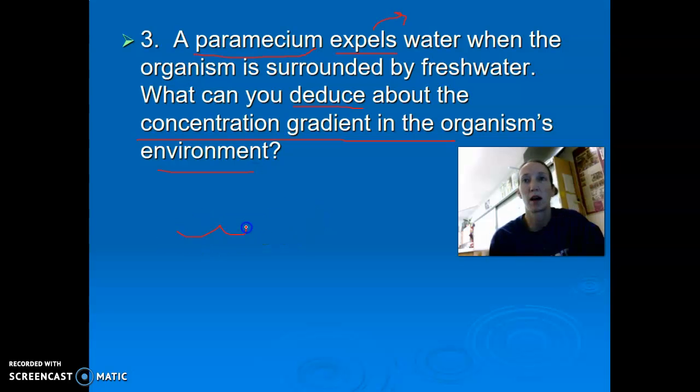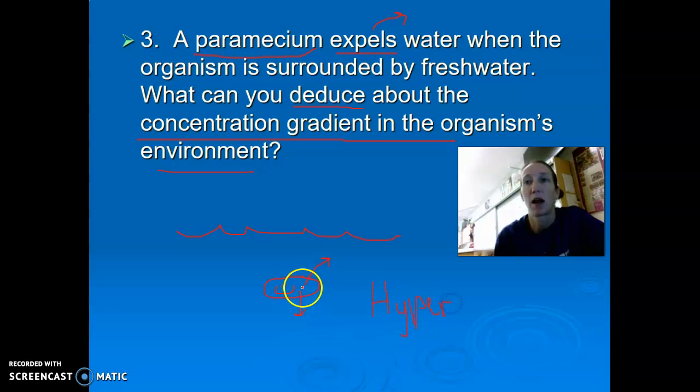So here's the water, and this paramecium is in the water. Let's make it a smile. And it is losing water. Well, the only way this paramecium could lose water is if it's sitting in a hypertonic solution.